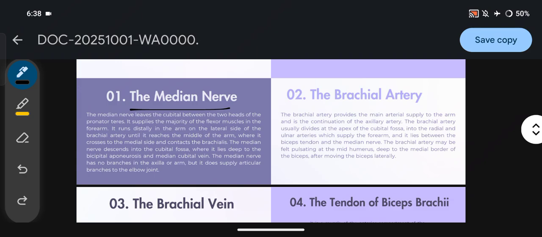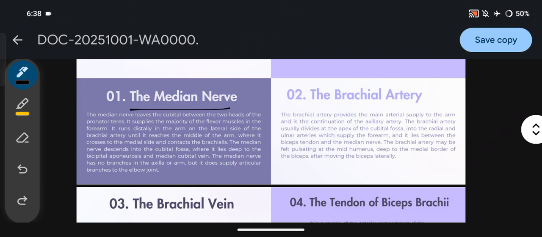The median nerve descends into the cubital fossa where it lies deep to the bicipital aponeurosis and the median cubital vein. It has no branches in the axilla or arm, but it does supply articular branches to the elbow joint.